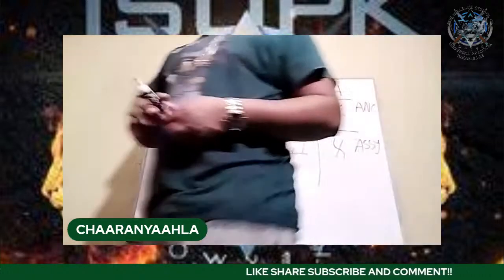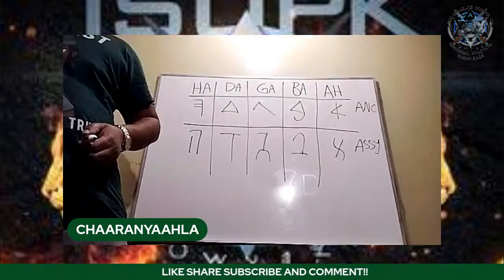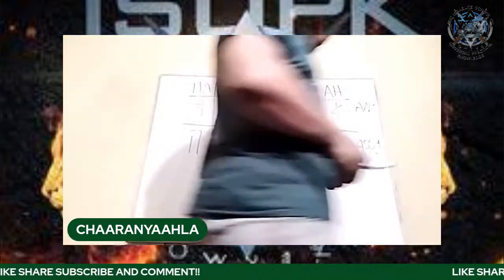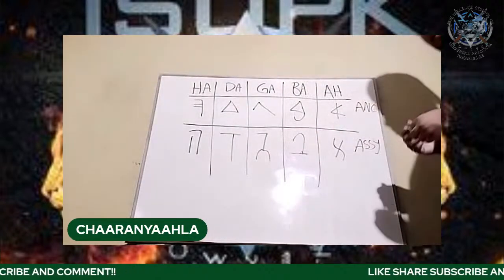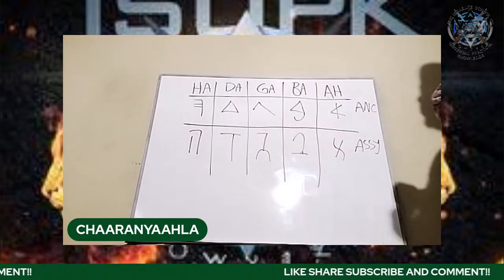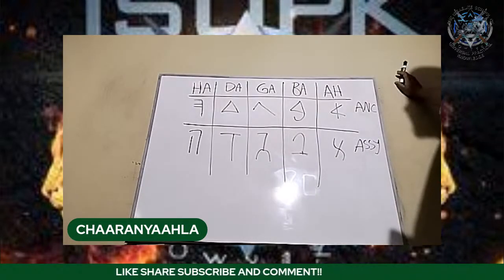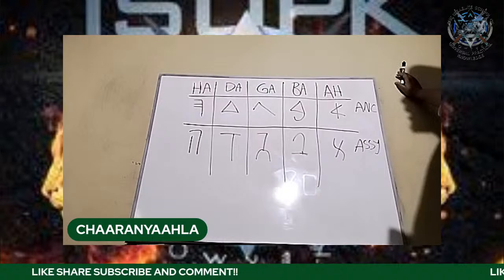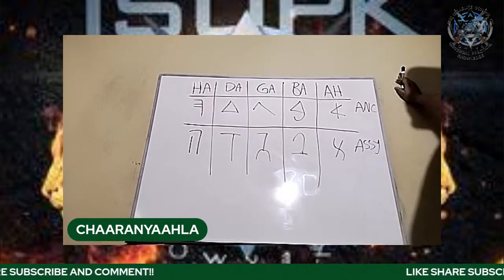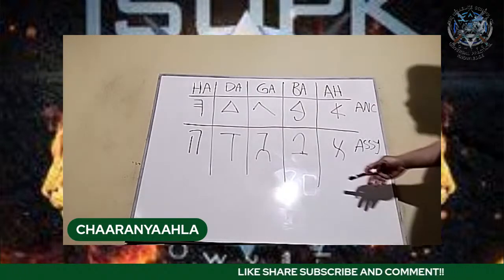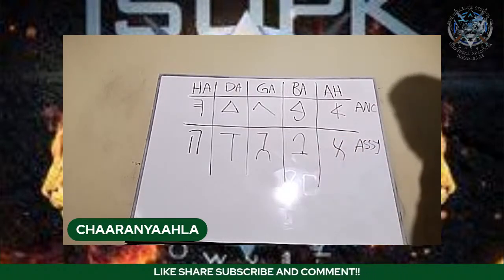Let's see if this lighting is a little bit better. Okay. So the first 5 characters, you have I, Ba, Ga, Da, Ha. First 5 characters. Ancient characters at the top, Assyrian characters at the bottom up under those.